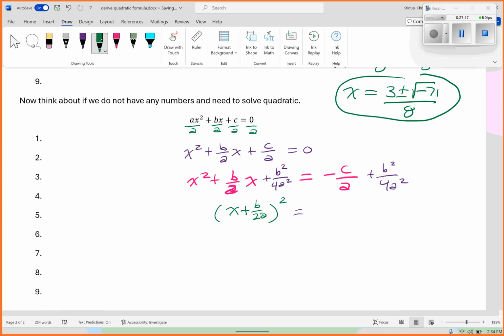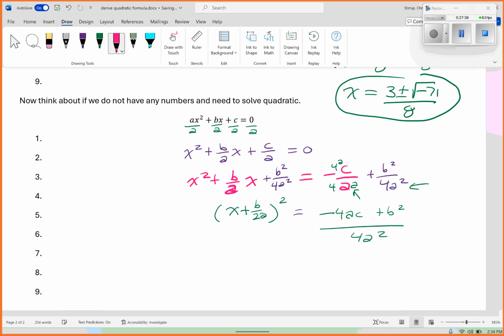I want to clean this up. Take a look. I have 4a squared as the denominator there. I have a here. So I'm going to multiply this by 4a and 4a. Okay? So I'm going to get minus 4ac plus b squared over 4a squared.